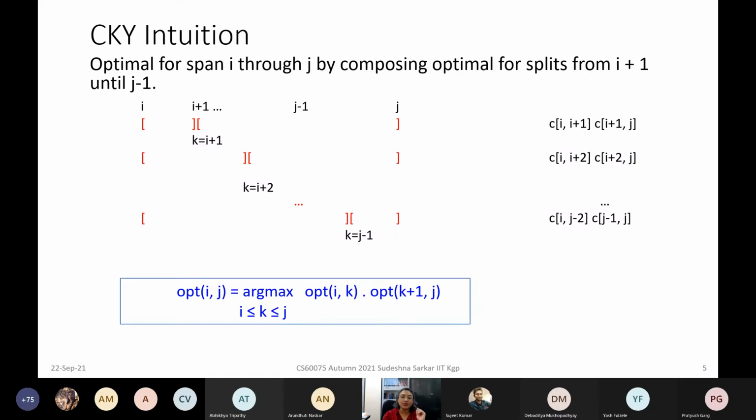Out of all these decompositions, we want to find the decomposition which is optimal in some way, though in our case there is no notion of optimality. There are K minus 1 ways to split a phrase containing K words.